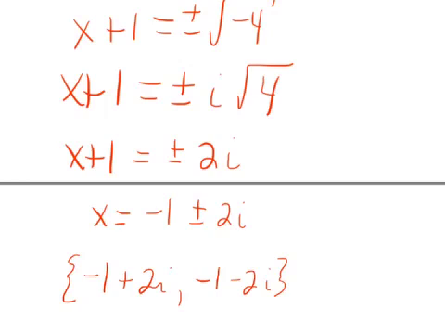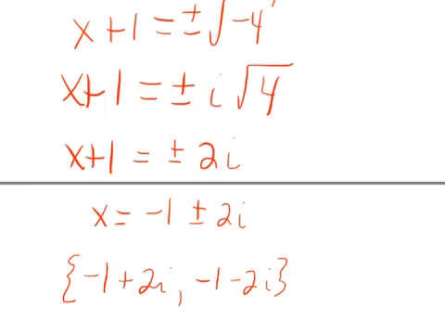Now, we're going to notice something later in this chapter, in chapter 7, about complex roots. What you'll notice is that these complex roots are also complex conjugates. Negative 1 plus 2i, negative 1 minus 2i. Whenever you have an imaginary root, or a complex root in this case, you're always going to have them in pairs. Always, always, always. So if you had an equation with x to the 8th power, you could have 4 sets of complex roots, giving you 8 total roots.